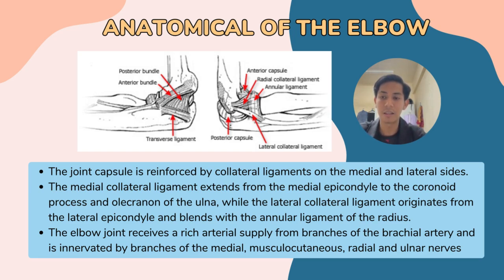The lateral collateral ligament also contributes to the stability of the elbow joint. Together with the medial collateral ligament, it provides valgus and varus stability to the elbow joint, and they also allow for rotation of the forearm.